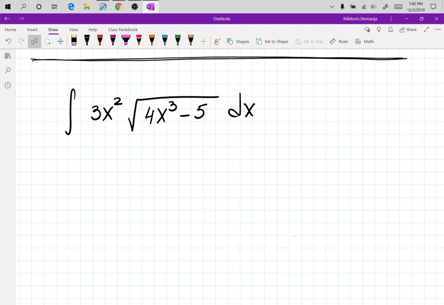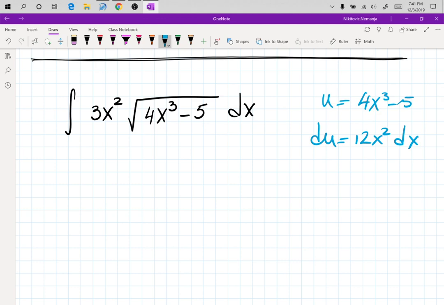All right, let's take a look. So, the square root has this mess inside, and we are zooming in on these two because x squared is the derivative of x cubed. So, I will set u to be 4x cubed minus 5, and then du is equal to 12x squared dx.